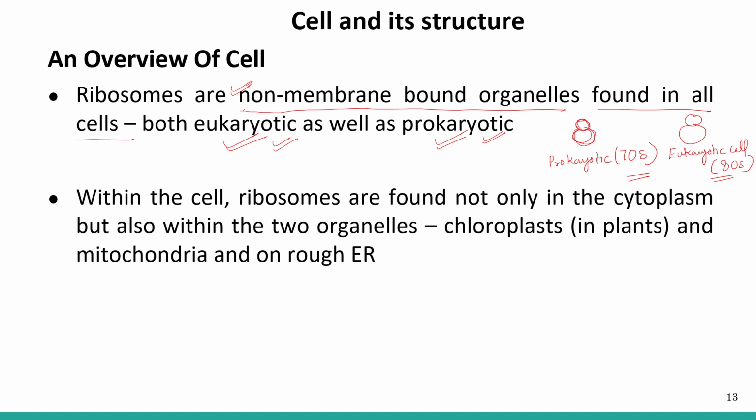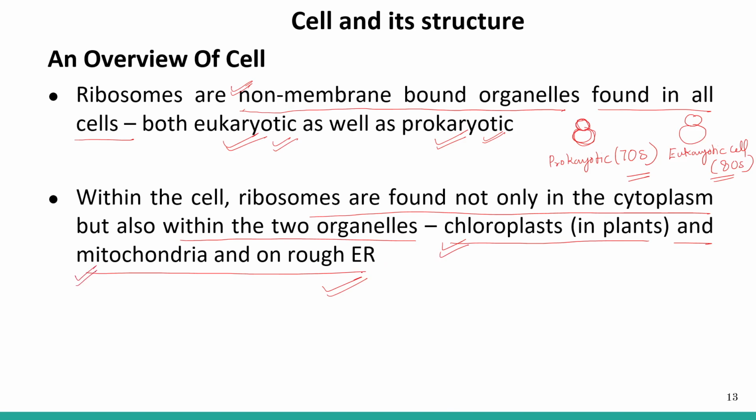Okay. So within the cell, ribosomes are found not only in the cytoplasm but also within the two organelles, like chloroplast in plants and mitochondria, and on rough endoplasmic reticulum. So inside the two organelles in the case of eukaryotic cells, that is the chloroplast and mitochondria, ribosomes are present.